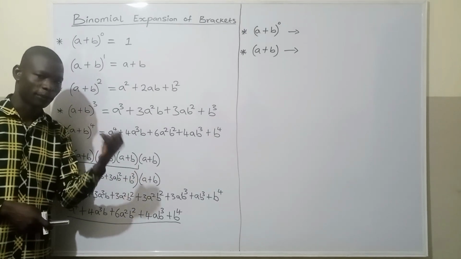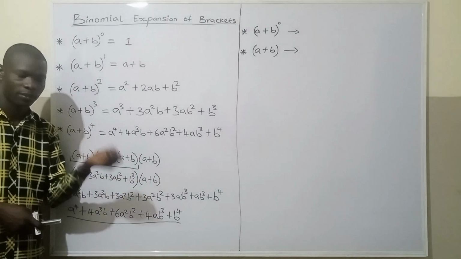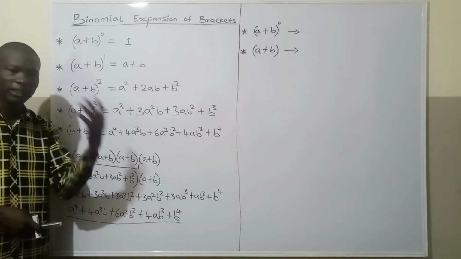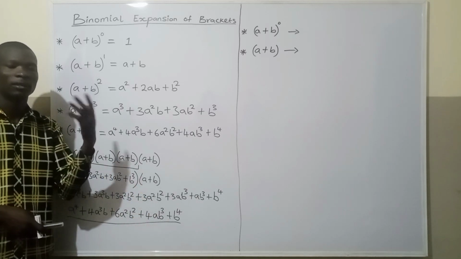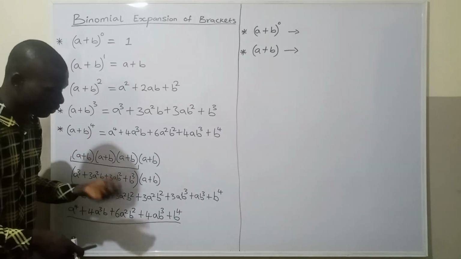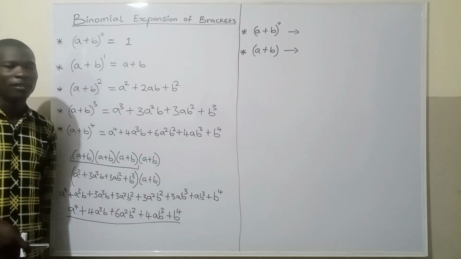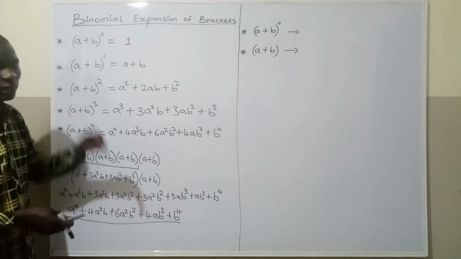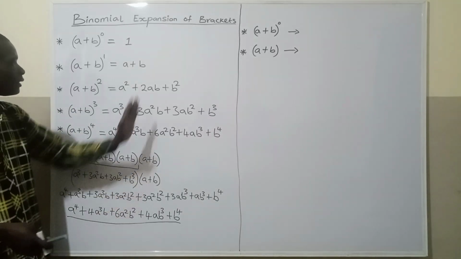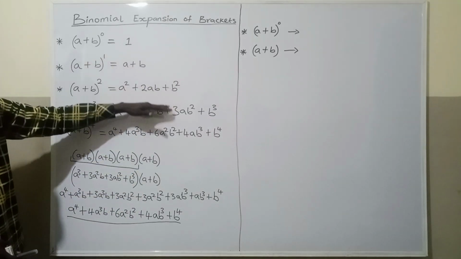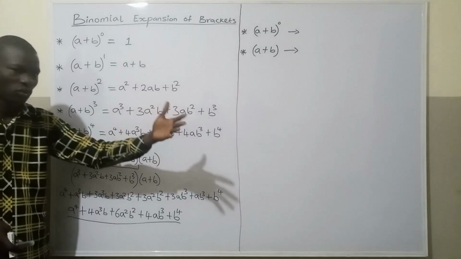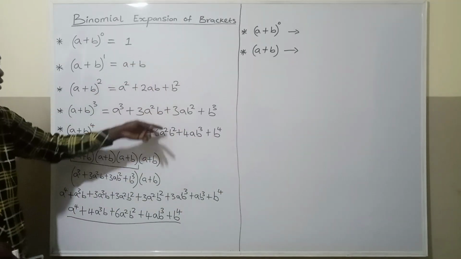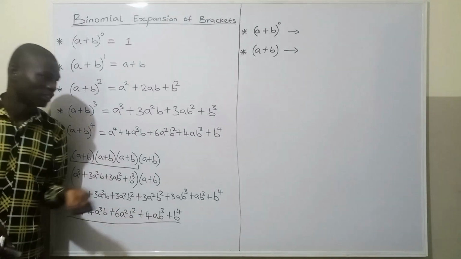It can go to the 5th power, to the 6th power, to the 7th power, to the 8th power, to the 9th power, to the 10th power, and on and on. The list can go on. So what is the next step? These are the ones for probably your junior secondary school, maybe JSS 2 and JSS 3. That's where you do this kind of expansion, JSS 2 and JSS 3.